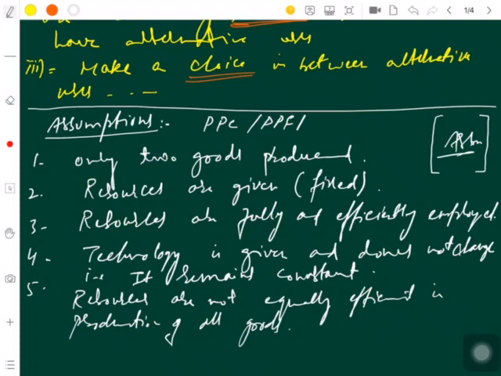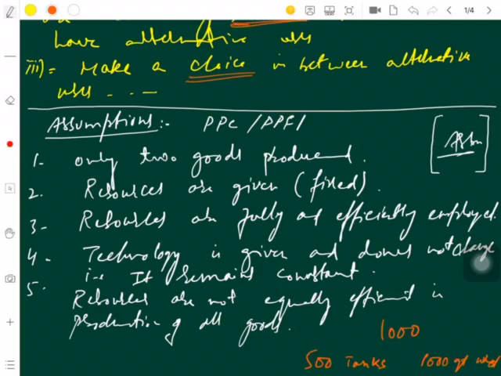Suppose we have 1000 units of raw material, it can produce either say 500 tanks or 1000 quintals of wheat. Okay, it is not equally efficient.